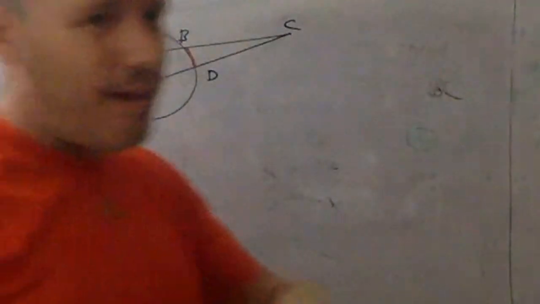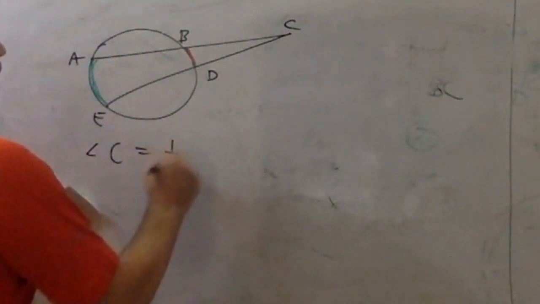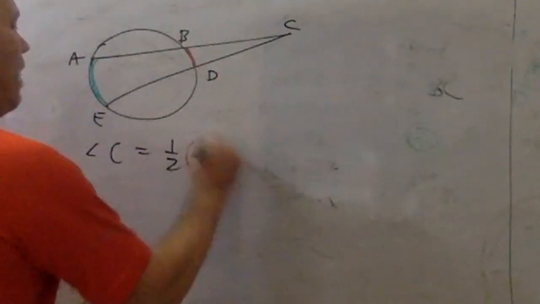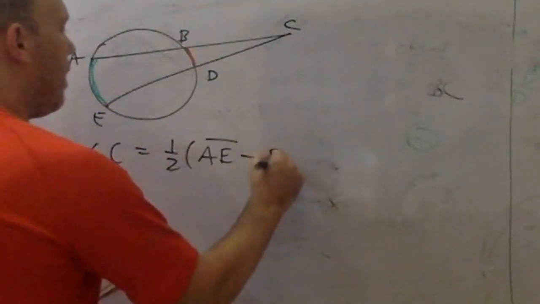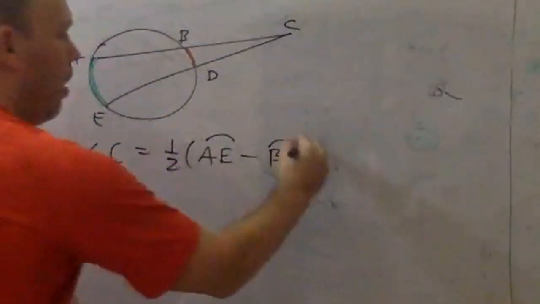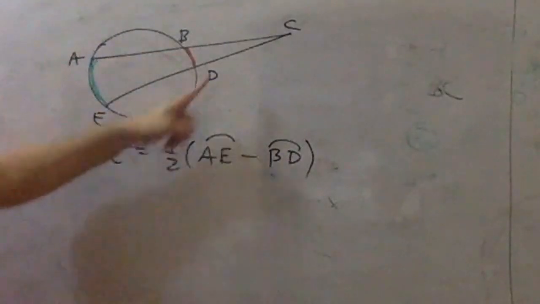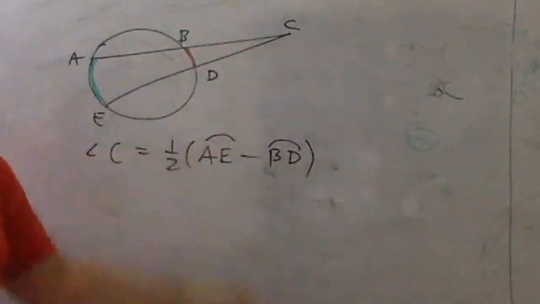And the claim is, you're going to like this one, this is kind of interesting, that angle C is equal to 1/2 (AE minus BD). The big arc minus the small arc divided by 2, that's this angle up here.